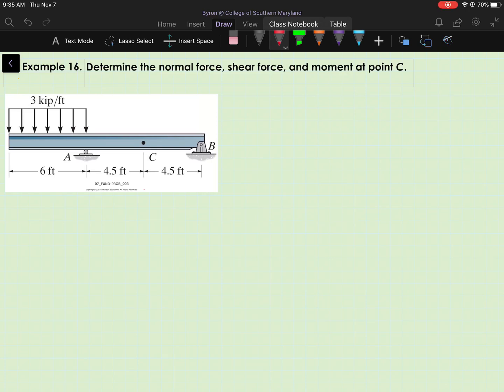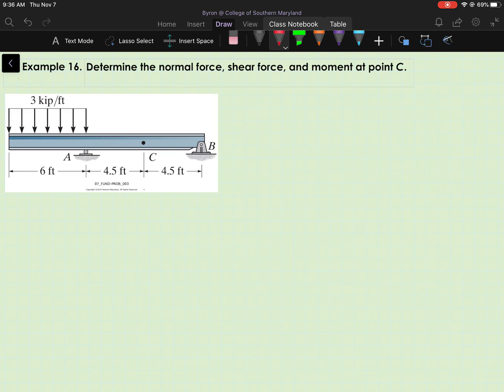In this problem, we're asked to determine the normal force, the shear force, and the moment at point C in the beam. This is an internal forces or internal loadings type problem, and as I said in the lecture, we use the term internal forces and internal loadings interchangeably.